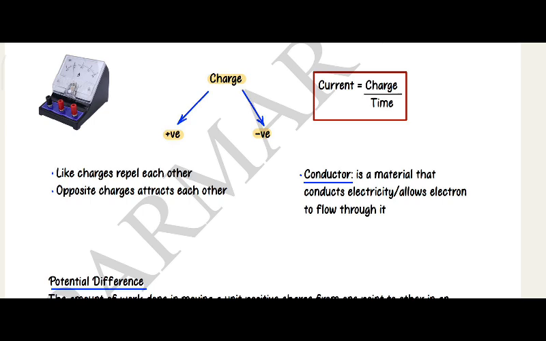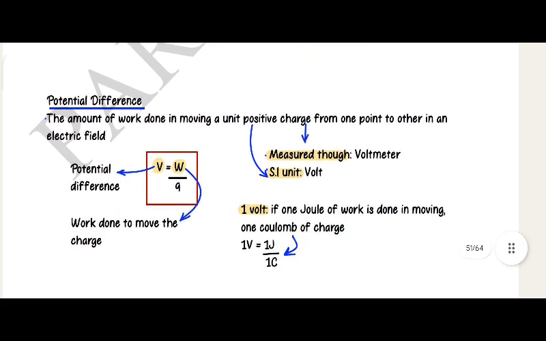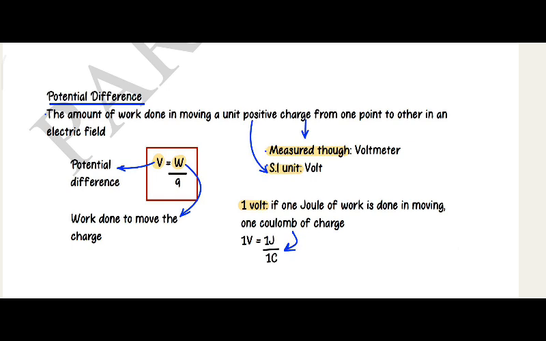A conductor is a material that conducts electricity, allowing electrons to flow through it. Potential difference: the amount of work done in moving a unit positive charge from one point to another in an electric field. The SI unit is volt, and it is measured with a voltmeter.